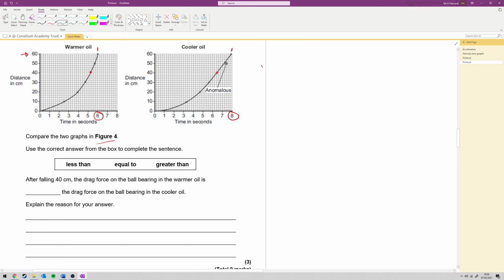This one is going this steep here, whereas this one is only going that steep. So you can see that that line is steeper. It's a bit difficult if you don't have a ruler in front of you, but the line curves up a lot more, and you know this experiment finished first, so the ball had to be going faster.